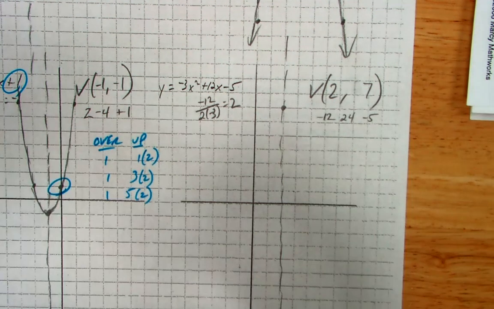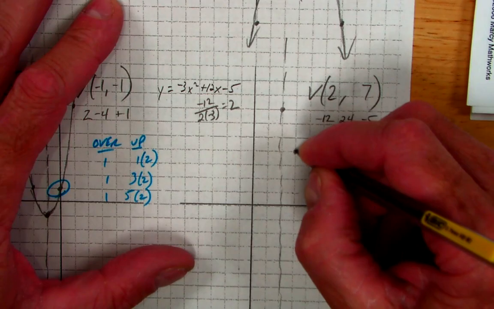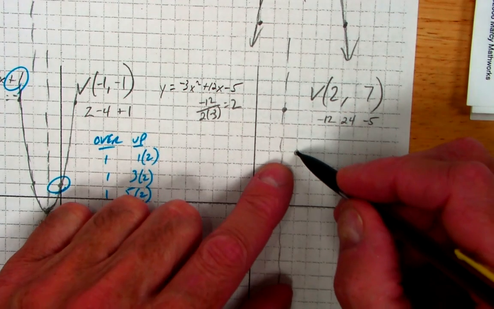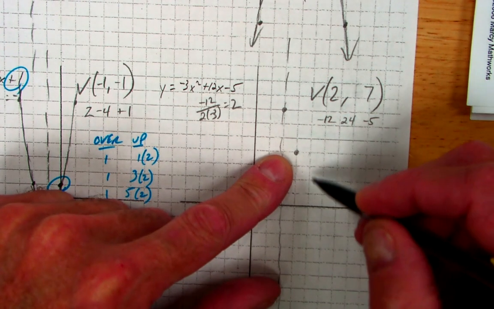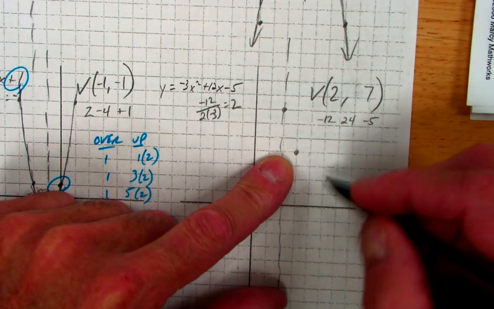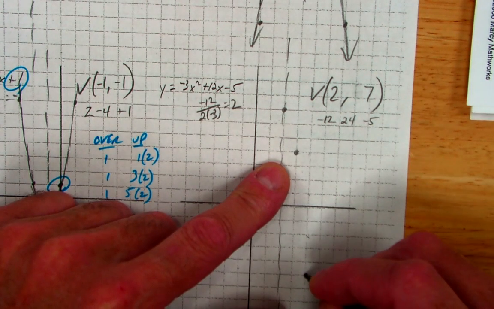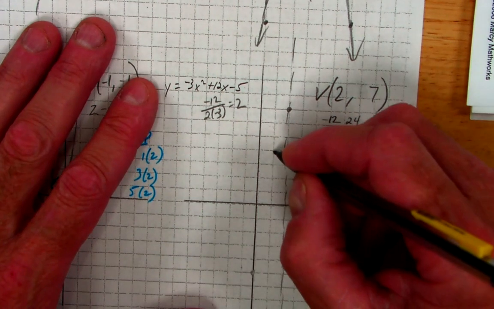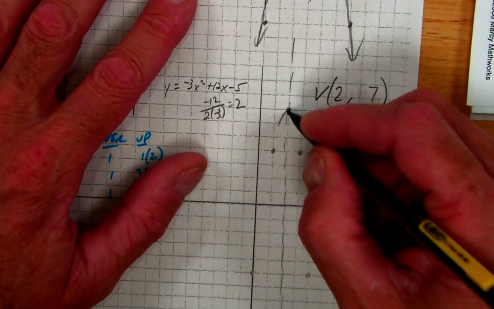It's times 3. And I usually, after that point, go over 1, down 3. But now I'm going to go over 1 and down 9, because it's 3 times as much. You guys are doing awesome. I wasn't sure if this is the way I wanted to teach this, but I'm so happy that you guys are doing well.